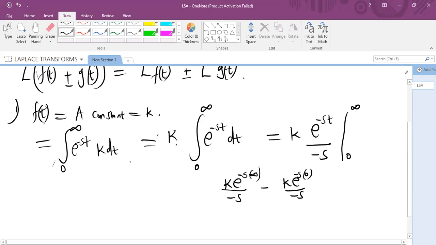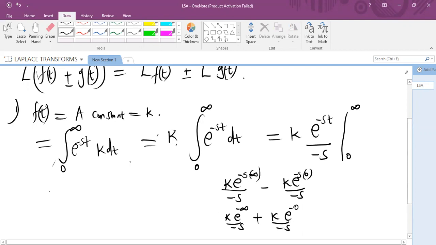So what is this going to give? Exponential s multiplied by infinity will just be infinity still, negative s, minus will give us a plus. Then you have k exponential multiplied with 0, will have exponential minus 0, all this divided by minus s.